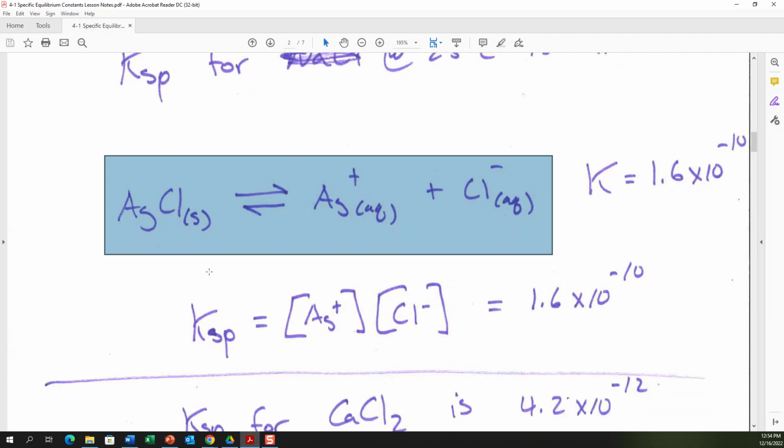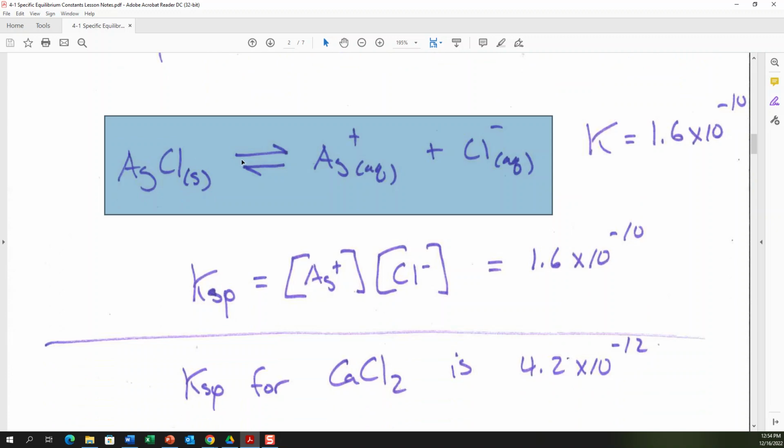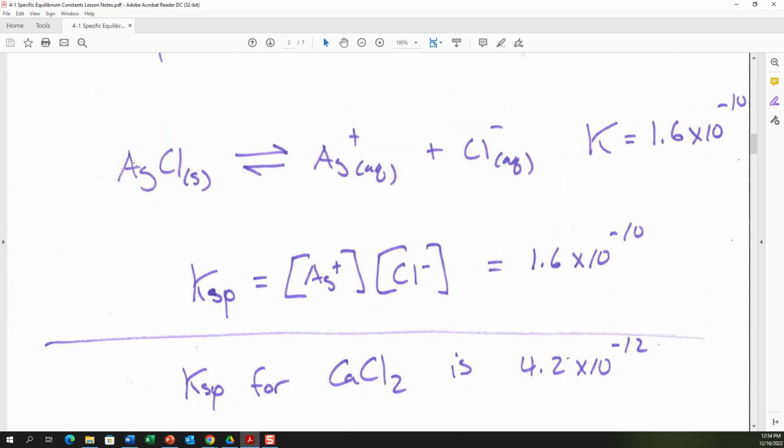Now, how would we get the expression for the Ksp? Well, this is the reaction, so the expression would be products over reactants, coefficients become exponents, don't include solids or liquids. But for Ksp, you're only ever going to have one reactant, and it's always going to be solid. So Ksp expressions never have a denominator.